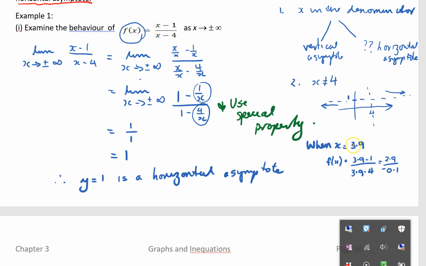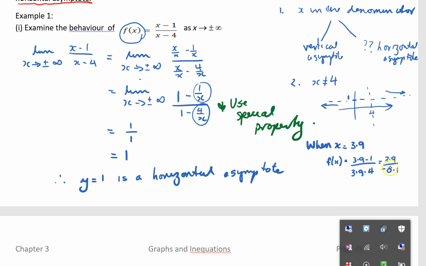So let's take, for example, when x is 3.9. So we're just here on this side of 4. We know when x is equal to 4, the graph doesn't exist. So putting x equal to 3.9 into our original function, we've got (3.9 minus 1) over (3.9 minus 4). The numerator is not that significant, 2.9.